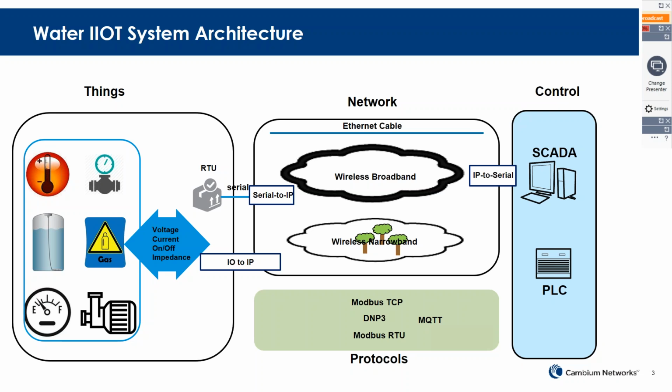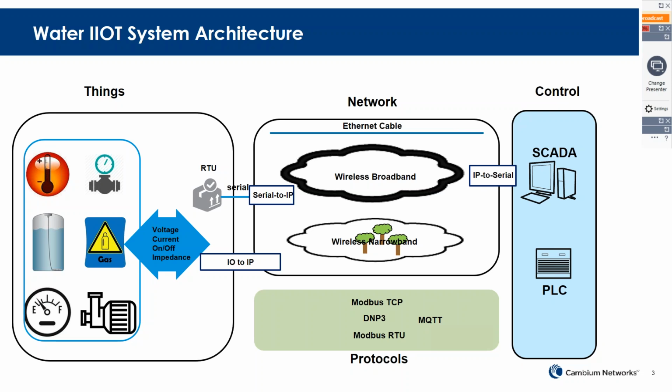Traditional connection will typically use a remote terminal unit. What I'm saying here is that the things can connect to the I/O to IP device, or they can connect to the RTU. This RTU will typically have a serial interface.